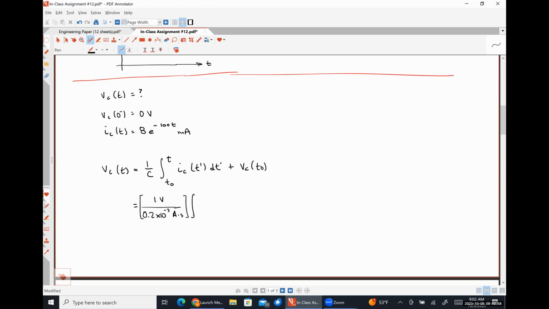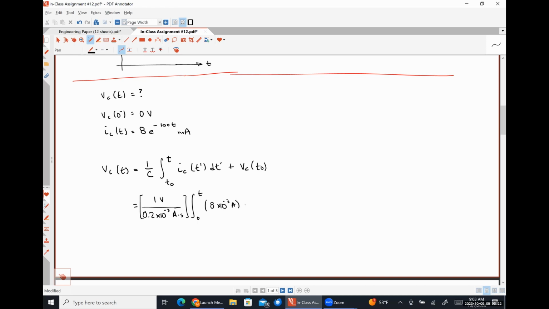Here's my integral. At what point in time is my voltage a known quantity? We're going to integrate out to t. My capacitor current is a fixed value, so I'm going to express this as 8 times 10 to the minus 3 amps.